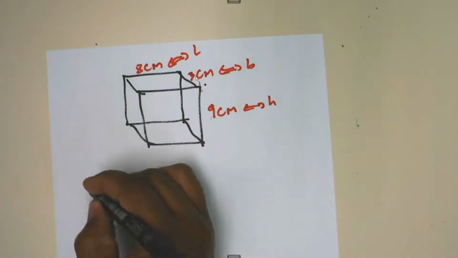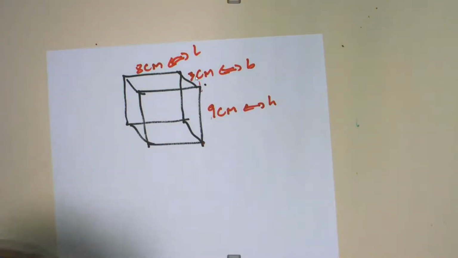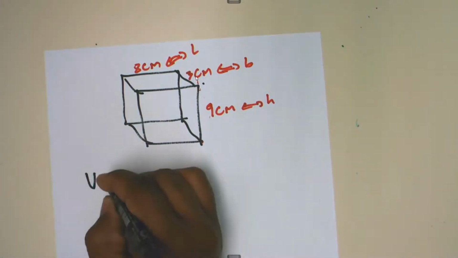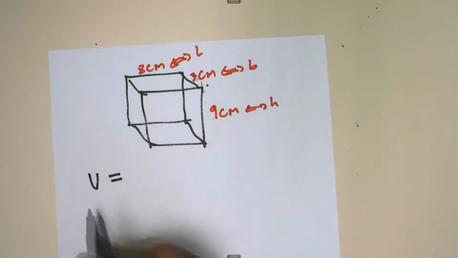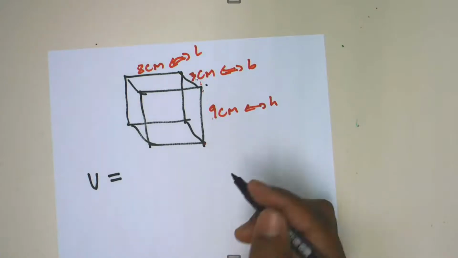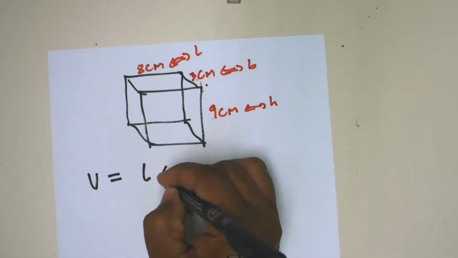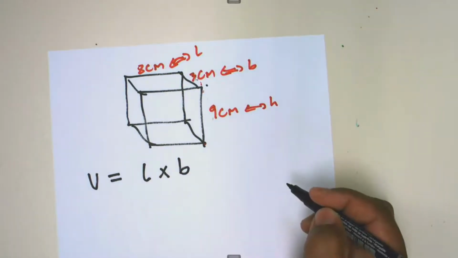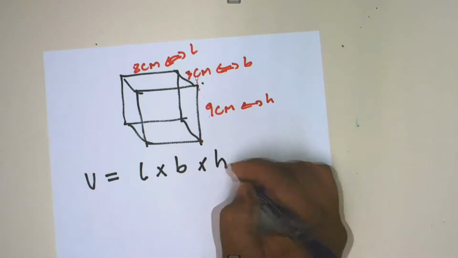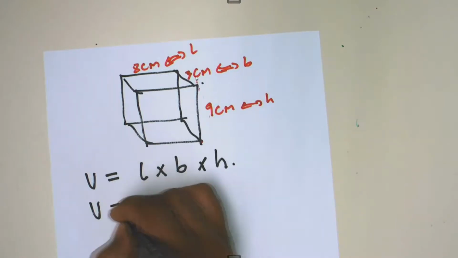And therefore we'll start with what we have discovered, the formula to calculate the volume of a rectangular prism. We have seen that the volume is given by the area of the base. The area of the base is length times breadth, and therefore we will multiply the area of the base by the height, and we'll get our volume.